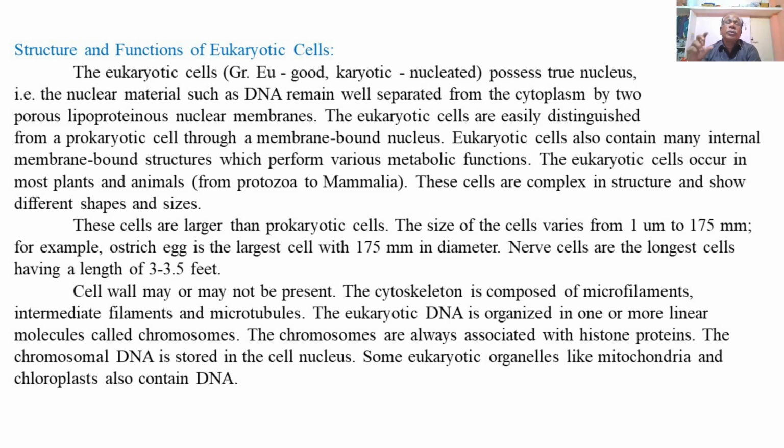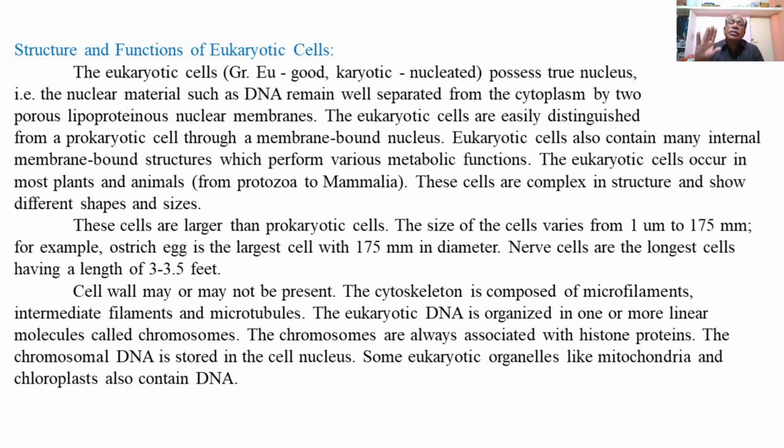Another characteristic of the eukaryotic cell is the presence of the cytoskeleton. The cytoskeleton represents a sort of endoskeletal component, providing mechanical support and a definite shape to the cells.